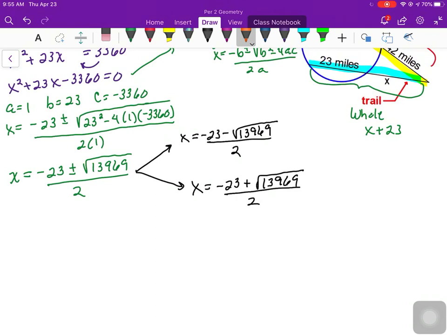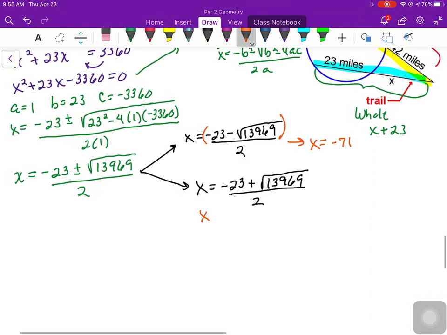When we put this into our calculators, it's very important you put a parenthesis around the whole top. And if we do that on the top one, we end up with x equals negative 71. If we do that on the bottom one, we end up with x equals 48.